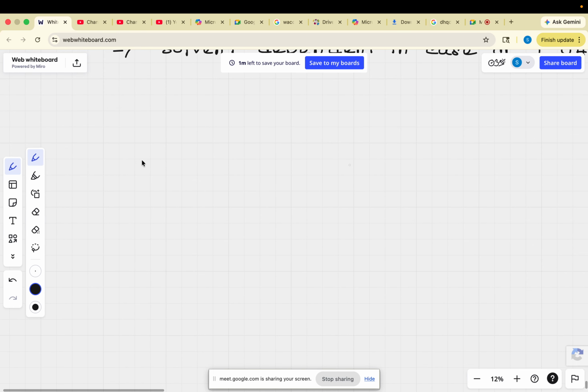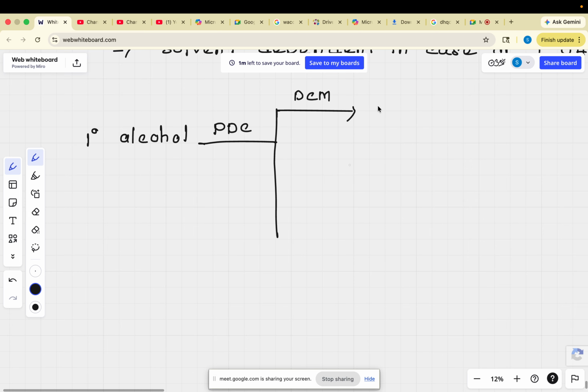So basically this is something different. If you have a primary alcohol, and suppose we are using PDC, not PCC, then if you use DCM as a solvent, you will get an aldehyde. If you are using DMF as a solvent, you will get a carboxylic acid.